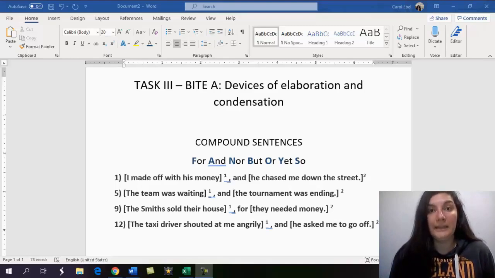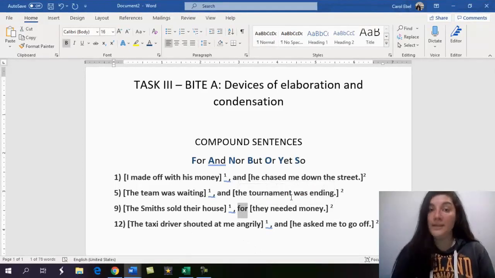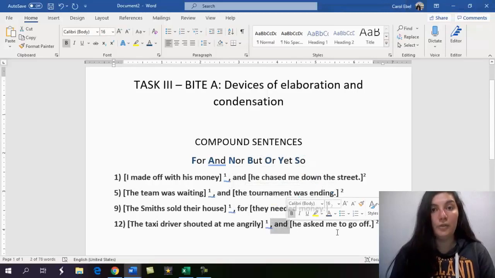In this case, unlike the previous one, we can see how the word for is used to join two independent clauses. As regards punctuation, please note that before all the coordinators, we have the use of a comma. This happens because every time we use a coordinating conjunction to join independent clauses, a comma is required.